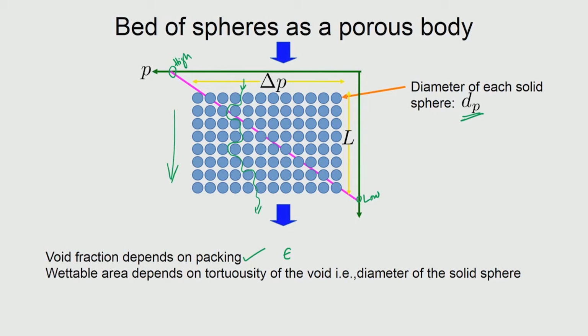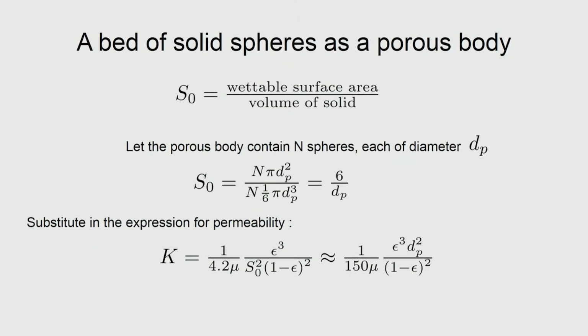Okay, but once the particle diameter is fixed, then the wettable area is also getting fixed, and that is basically here. You can see that the wettable area is given by the product of S naught and volume of solid, and we can see that if there are n spheres, then n into the surface area of the sphere is the numerator, and n into the volume of the solid is the denominator.